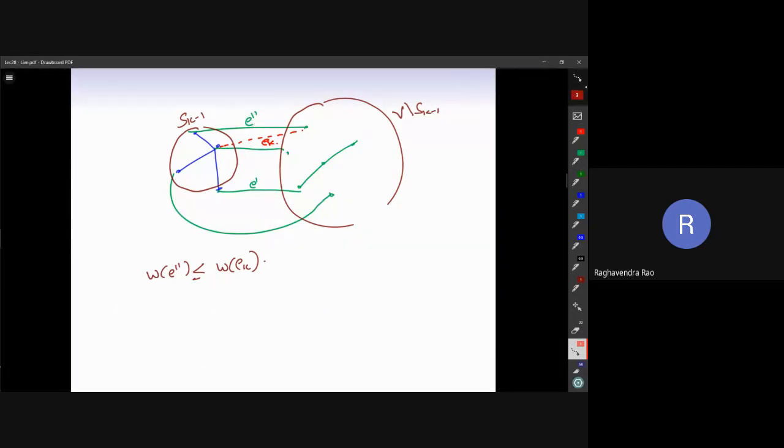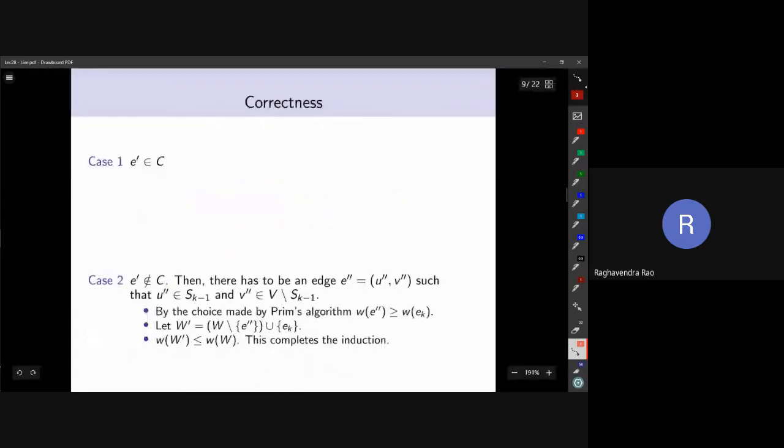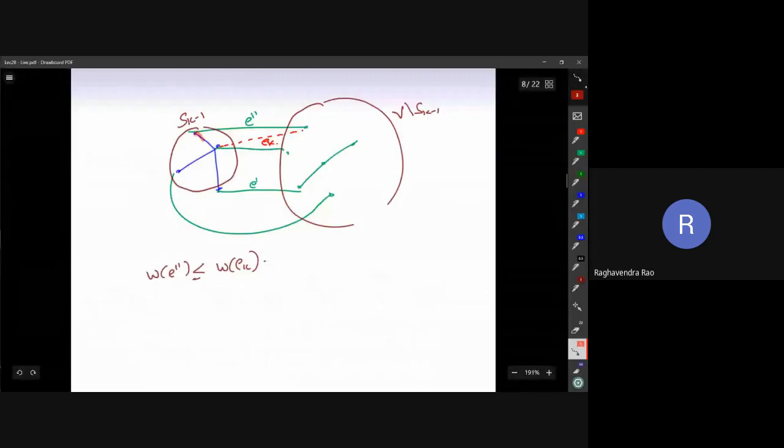So we just take w prime as w minus e union ek. Now by the choice, weight of w prime is at most weight of w. And the way we have considered w, we know that tk is contained in w.